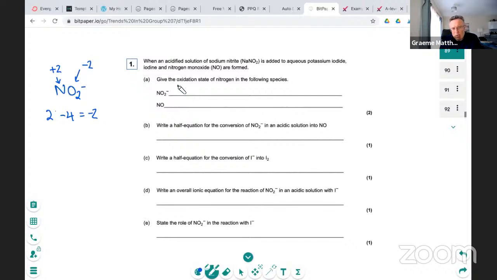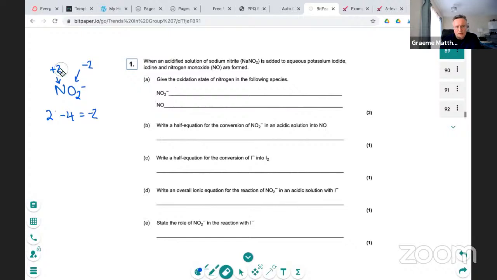Now, I did look at the mark scheme for this one, chemists. They're a bit pedantic with the mark scheme, if I may say so, meaning that you have to put the plus sign in front of it. Hold on, that is NO2 minus. No, hold on a minute. I can't do mental math.